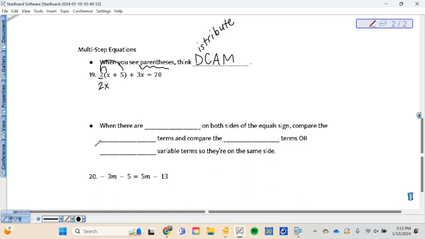And what's 2 times 5? Okay, and then the rest of it all stays the same. So I distribute in order to remove the parentheses. And then my next step is going to be combining like terms.